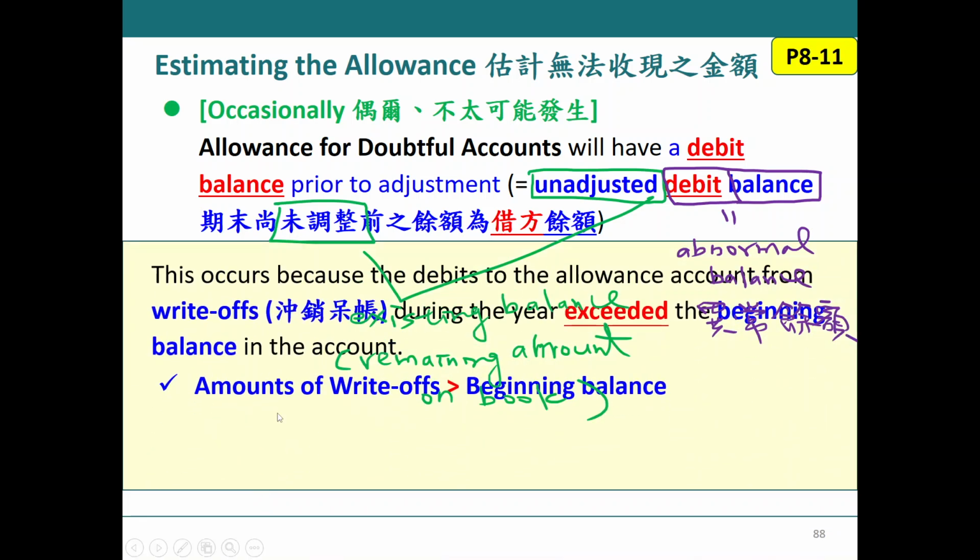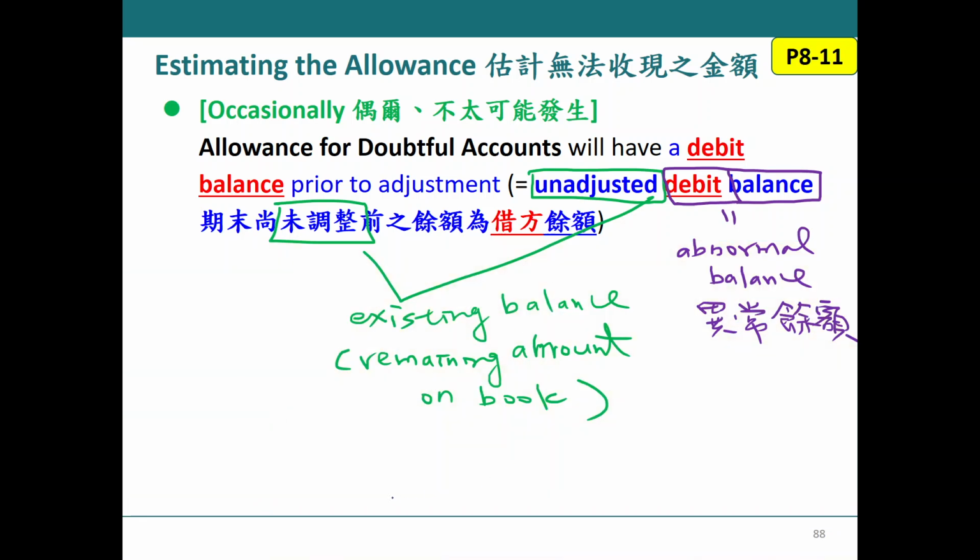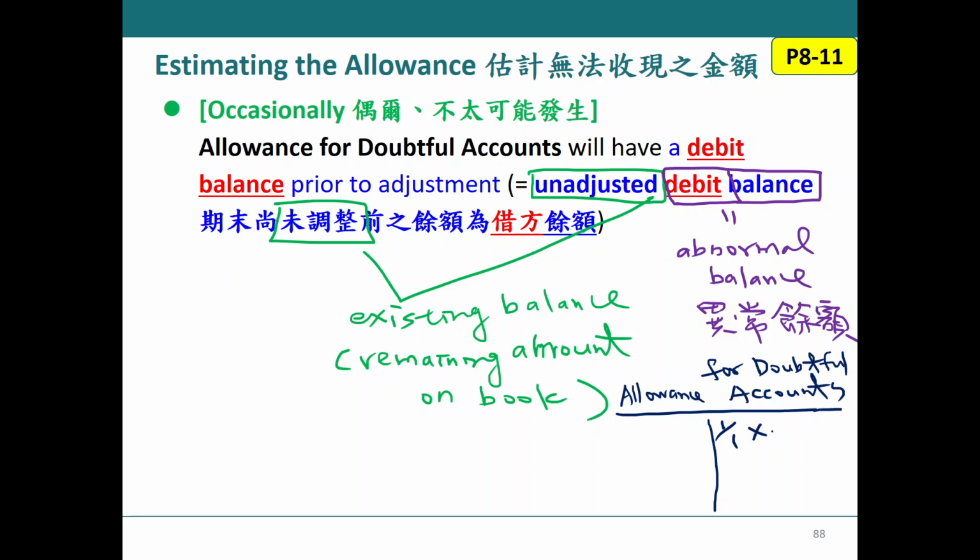Okay, so what does it mean? For example, I have allowance for doubtful account 备抵呆账, beginning balance, maybe some number.